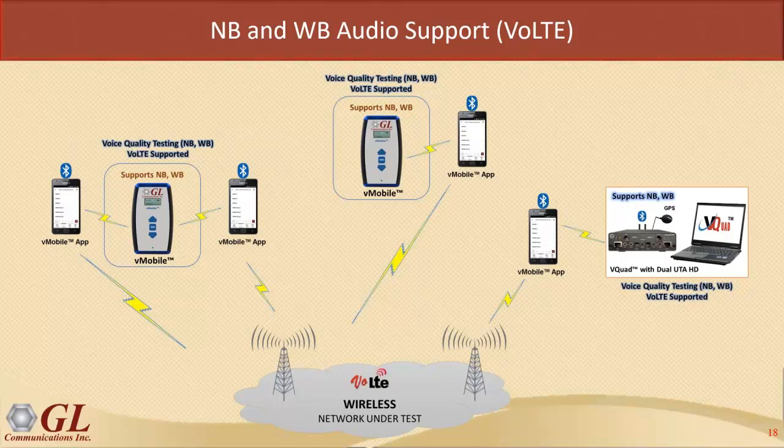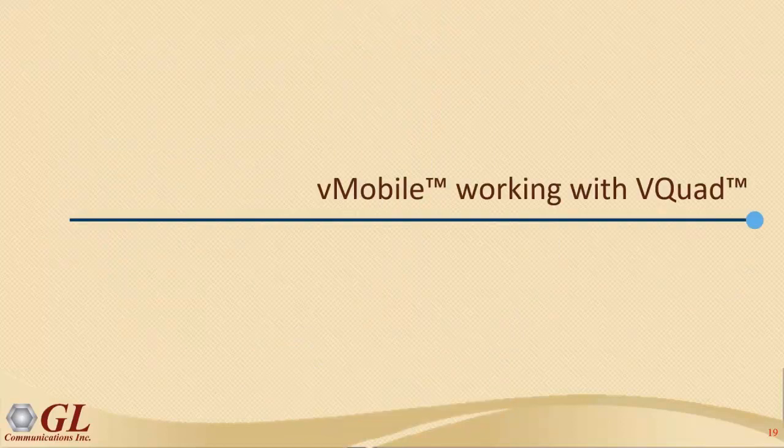As mentioned, the vMobile can have two phones connected to it, so it doesn't have to make a call from phone 1 to phone 2. Both of those phones connected to the vMobile can be fully independent tests. They don't have to be the same test, and they can be calling another phone somewhere else in another area. So the vMobile can be running in location A, and there could be another vMobile in location B, and then the tests are between those.